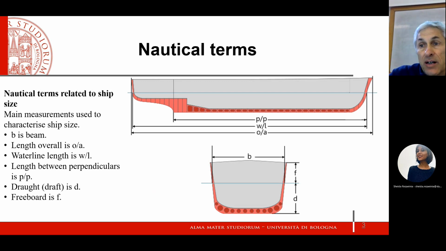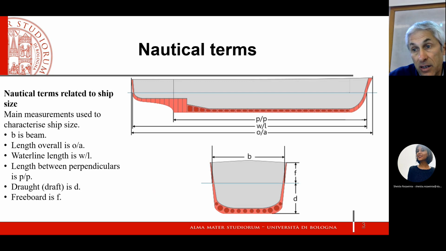And there is the waterline length, W/L here. And the waterline is the blue one. And the length between perpendiculars, PP, is shown there. And the draught or draft, which is D, is the distance between the waterline and the bottom, the keel of the hull of the boat.